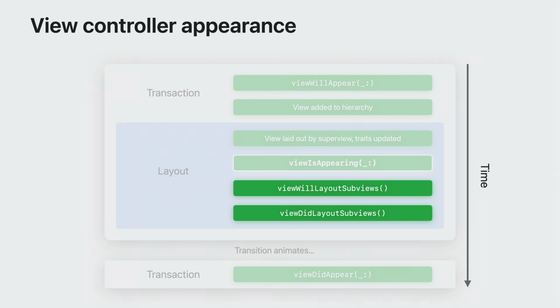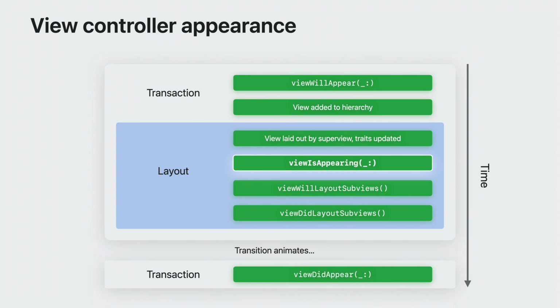Finally, though their timing may be similar, there is a key difference between ViewIsAppearing and layout callbacks, like ViewWillLayoutSubviews. Layout callbacks are made whenever the view runs layoutSubviews, which can happen multiple times during the transition or any time later on while the view is visible.